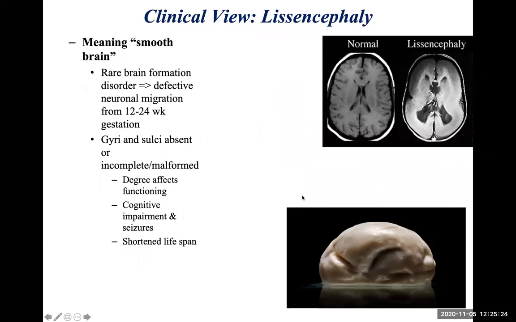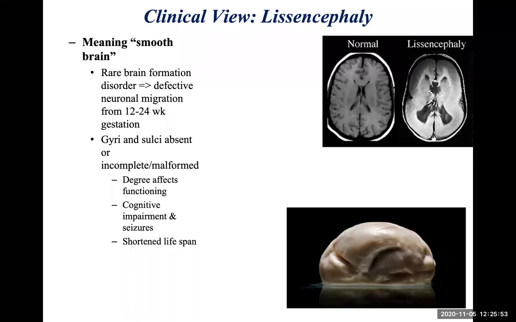Okay, so another clinical view that is associated with brain formation is a condition called lissencephaly. Lissencephaly is relatively rare, and it's also called smooth brain. Individuals with this condition have smooth brains, so they're missing gyri and sulci.